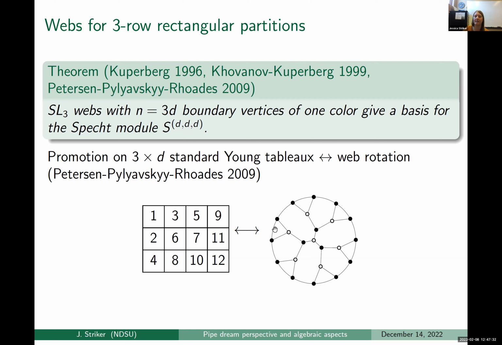Because one nice thing is that promotion on rectangular tableaux always has order the number of boxes. And there kind of isn't a nice pictorial explanation for that beyond the three-row case. So we'd really love to see something that rotates when you do promotion on a rectangular tableau, and then it would end up having this representation-theoretic significance.